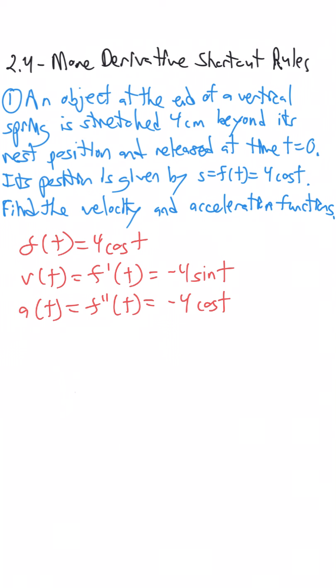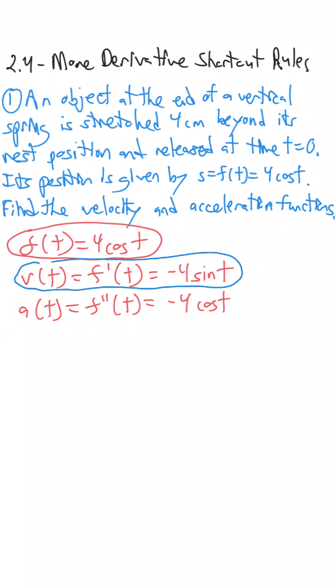What are some observations you can immediately make about the position function right here? Well, what's the amplitude of this position function? 4, right? Which means the position of the particle is going to vary over time between what 2 values? Negative 4 and 4, because there's an amplitude of 4. Then we look at the velocity function. What can you tell me about this velocity function? What are the dependent values that it can vary over?